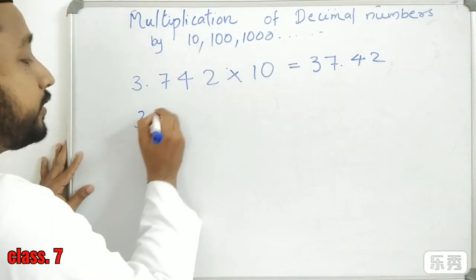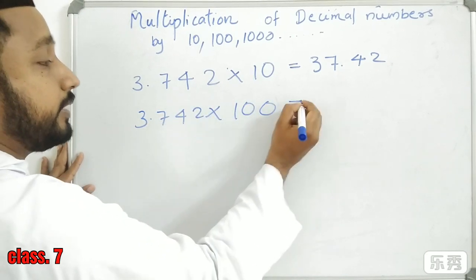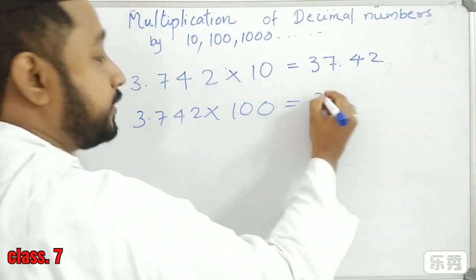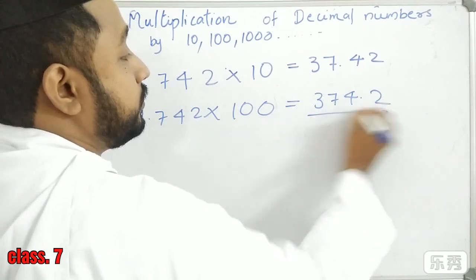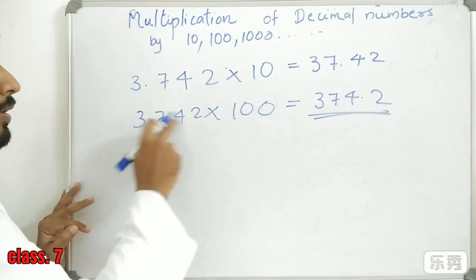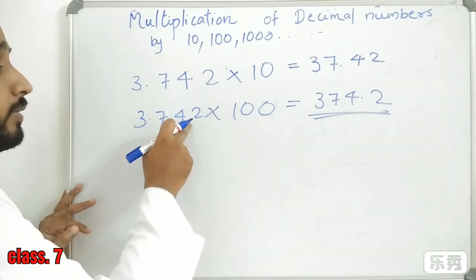Another example, 3.742 into 100, which is equal to, here 2 zeros, so move 2 points. That means 374.2, moving 2 points.